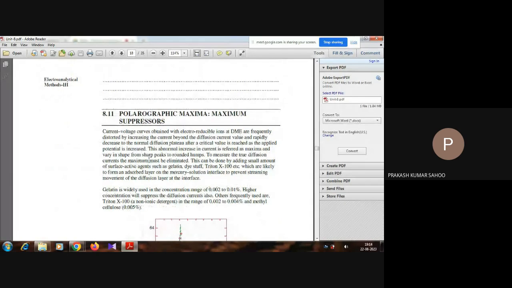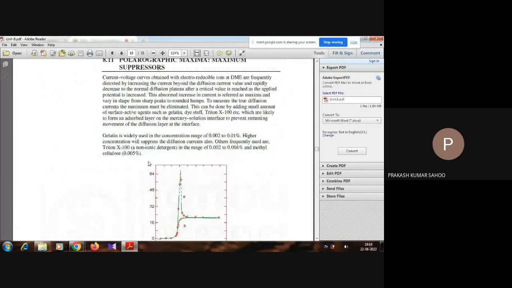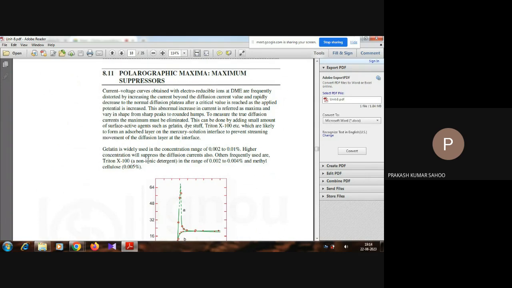Then we have polarography maximum suppressors. How some agents act as suppressors, which affect the maxima of the polarogram. The current voltage curve obtained with electro-reducible ion at dropping mercury electrode is distorted by increasing the current beyond diffusion current.